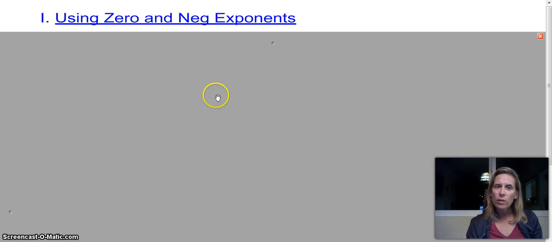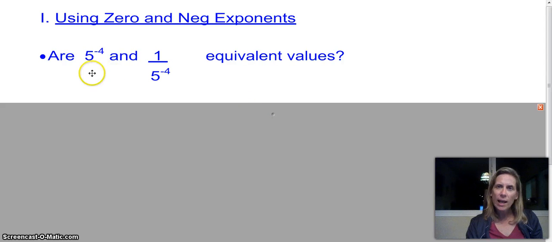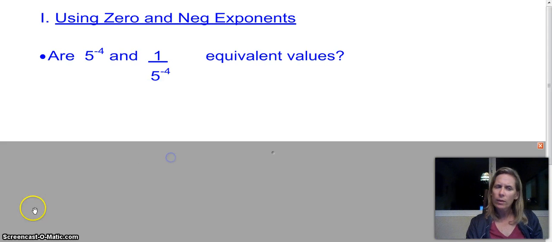So here's a question. Pause the video and see if you can answer this question. Are 5 to the negative 4th and 1 over 5 to the negative 4th equivalent values?